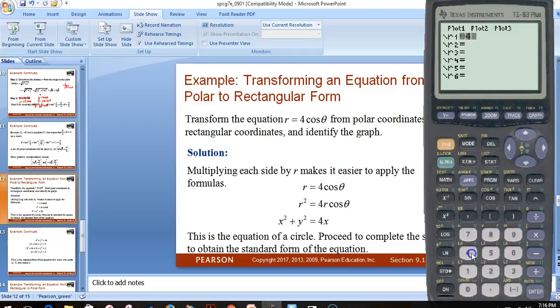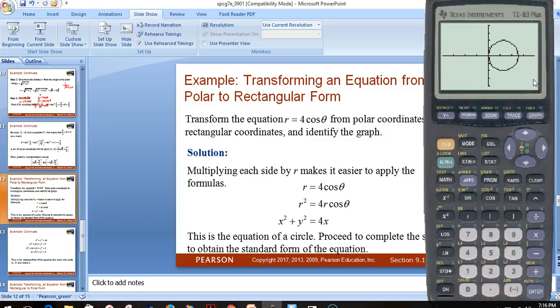When you hit 4 cos, and then hit your variable button, the theta will pop up. And when you hit graph, here it comes. Now I would say the graphs are not always perfect. This is actually much more of a circle than a little squished egg. Maybe we can try some zoom trig. Maybe that'll make it a little bit nicer. Oh, actually, that made it a lot nicer.